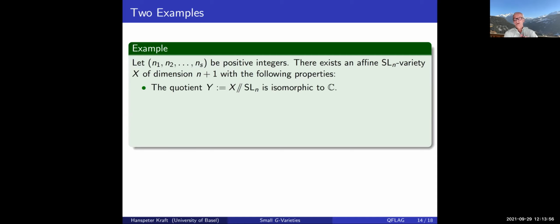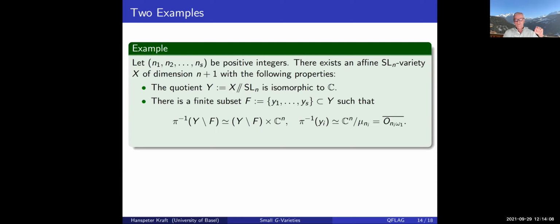First of all, the quotient is C, the line. You've got dimension n plus 1, and so the quotient is 1 less. Secondly, there is a finite subset y1, ..., ys. You see, the same number as the positive integers, with the following property.